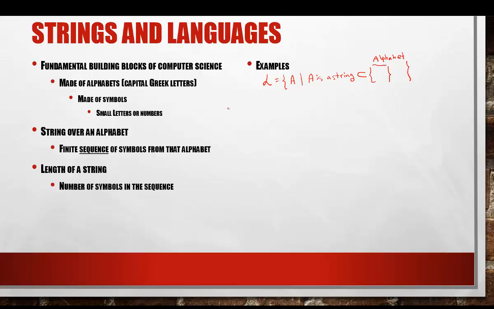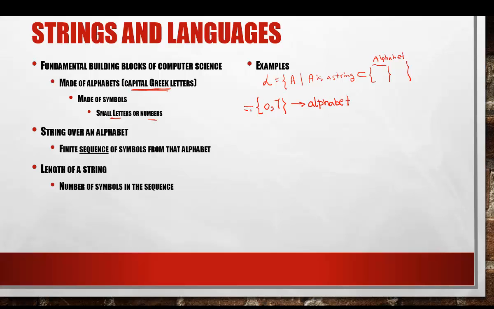So, for example, and this is what we will show. Symbols, we denote them with small letters or with numbers. Alphabets, which are sets of these symbols, we denote them with capital Greek letters. And strings, we also denote them with italicized letters. And those will be sequences. So, for example, when I represent a set like this, 0, 1, then this is an alphabet.